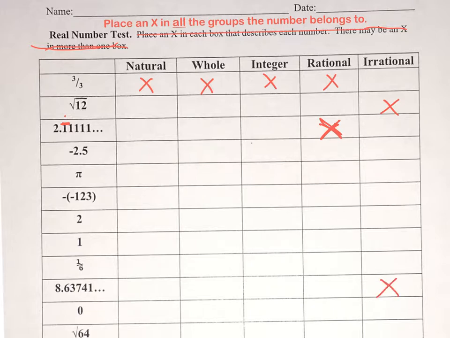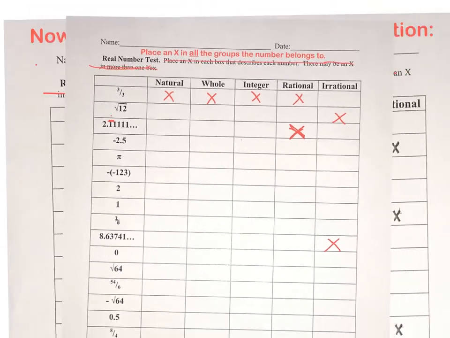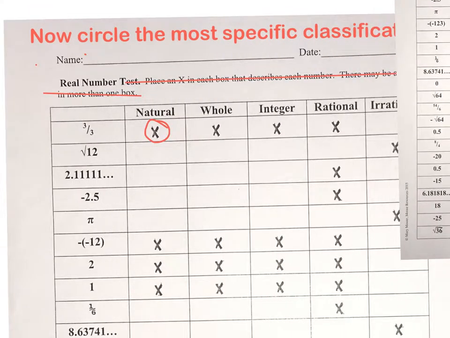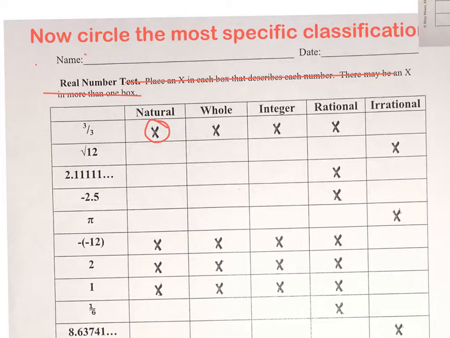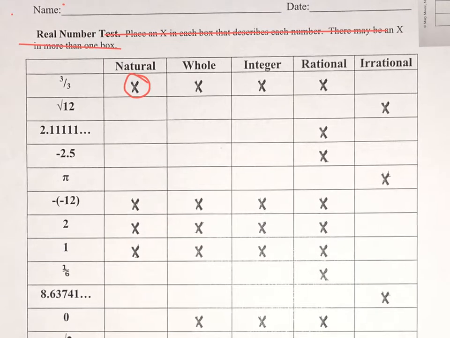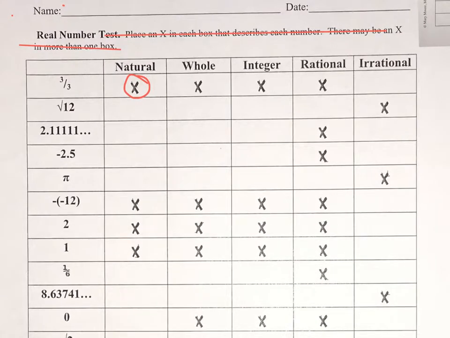So once again, once you have all of these x's on the back side, once you have all the correct x's, make sure you check, you don't get any wrong. Then you could go through and circle the most specific one. And like on this one right here, the square root of 12, that's easy. The only x is that one, so the most specific one is irrational. That's it. On all these, super easy, because there's only one option.